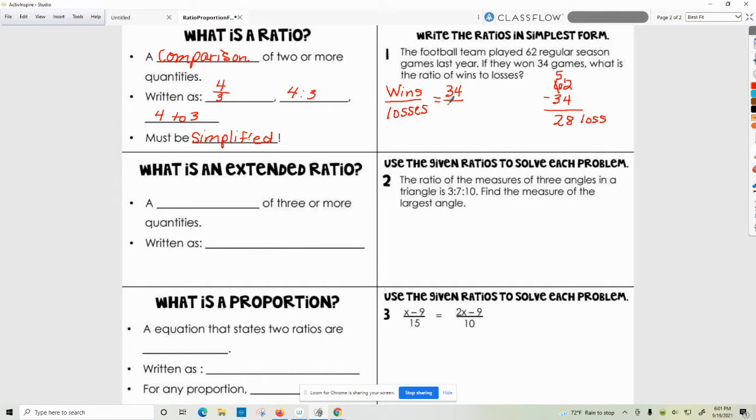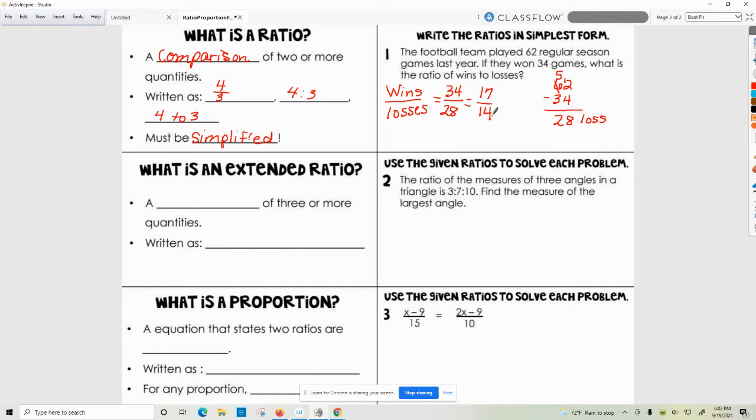So we'll come over here and put 34 over our 28, and then we will have to simplify that. Okay, well, since they're both ending in an even number, we know that 2 will go into both of them. 2 will go into 34 17 times. 2 will go into 28 14 times.